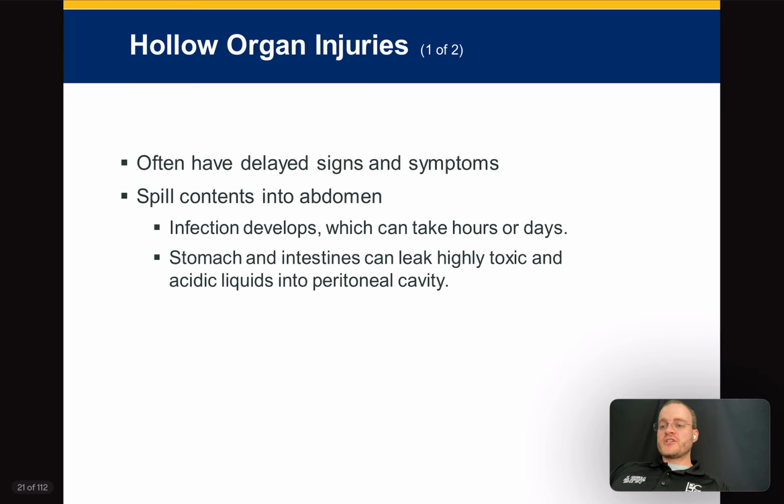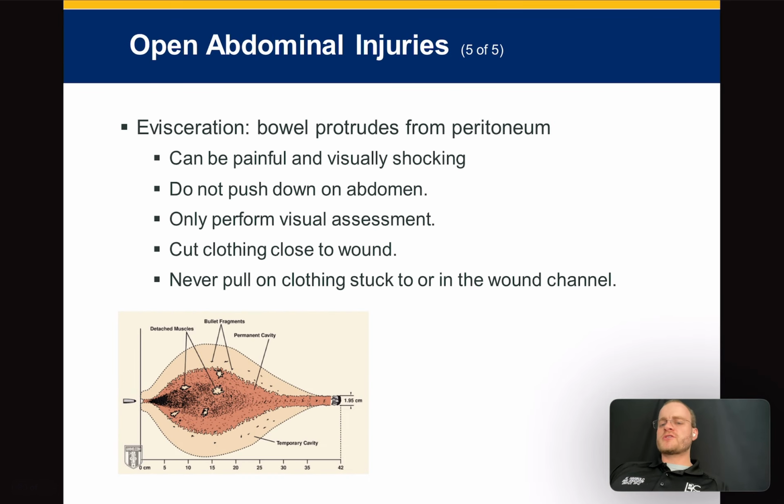Now, evisceration, I showed y'all this. There's a picture coming up. Remember, evisceration is when you have bowel that's protruding through the abdominal wall, or any organ really, but typically it's bowel, will be protruding from the abdominal wall. And so it can be painful, and it's visually very shocking to see someone's guts hanging out. And I've seen this as a paramedic, and of course you see it in surgery.